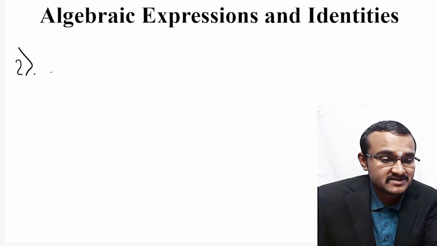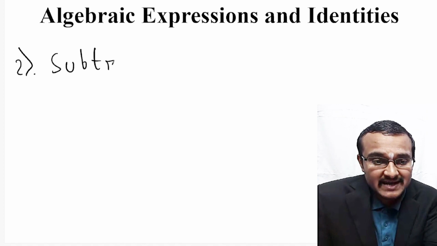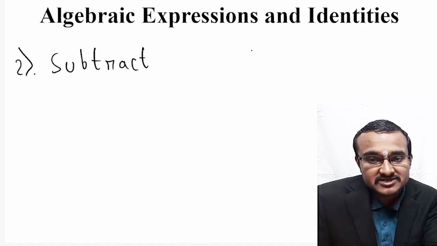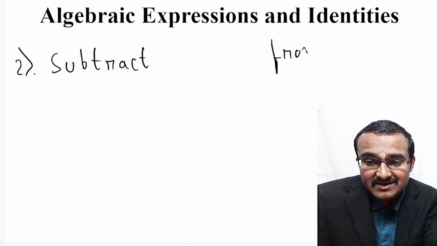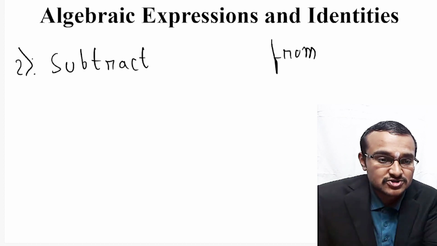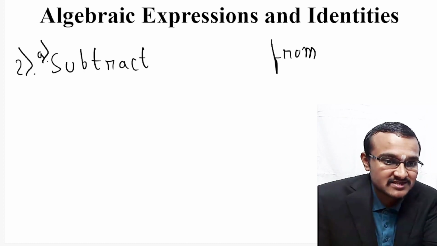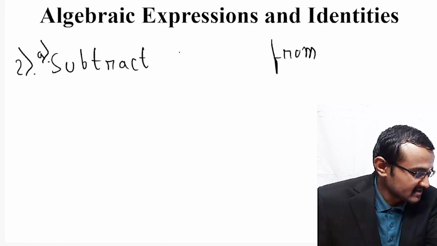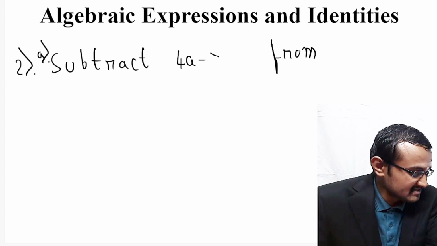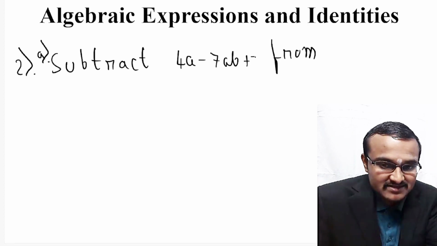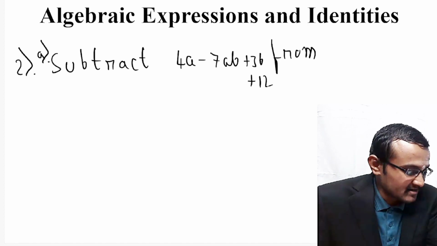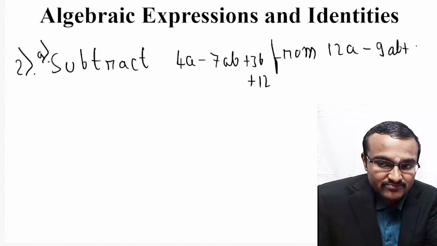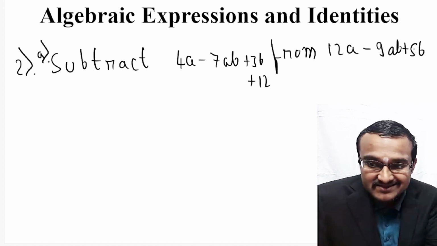Coming to the second question in this particular exercise, there they have asked to subtract one algebraic expression from another algebraic expression. So coming to the first question, the A question in this second question, there they have asked to subtract 4A minus 7AB plus 3B plus 12 from 12A minus 9AB plus 5B minus 3.